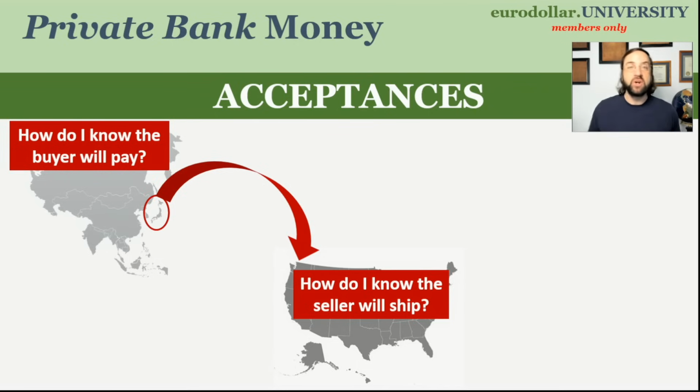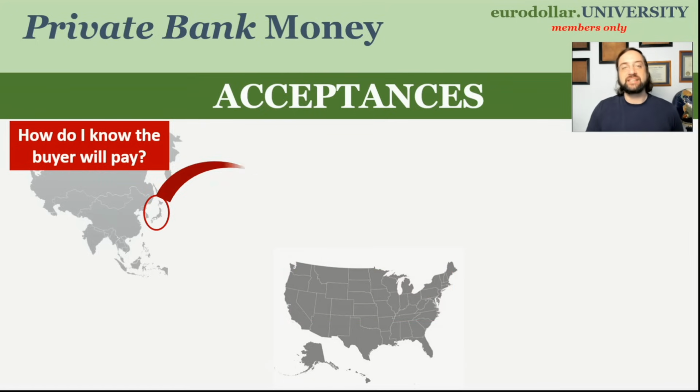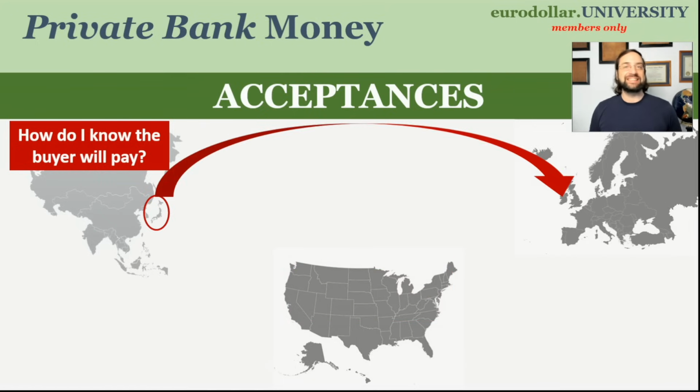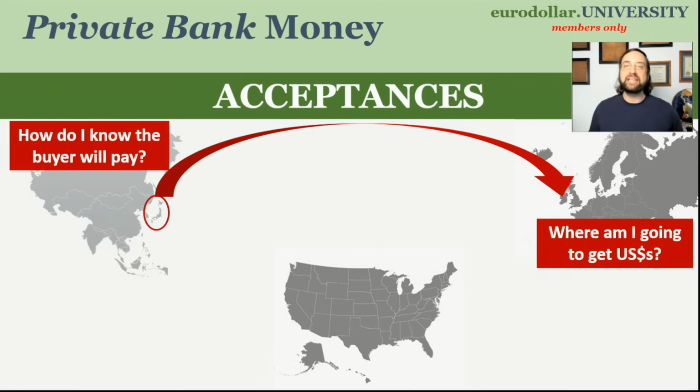Do you really know who you're buying goods from? You want to sell goods from Japan in the United States. Who's on the other end of the transaction? There's a huge amount of risk otherwise that takes place across these distances, including the idea of whether or not there's any common currency in between. So there's a lot of work that has to go into even something as relatively simple as an acceptance.